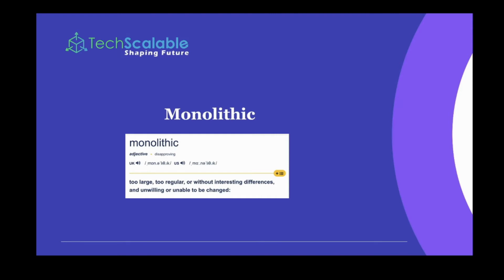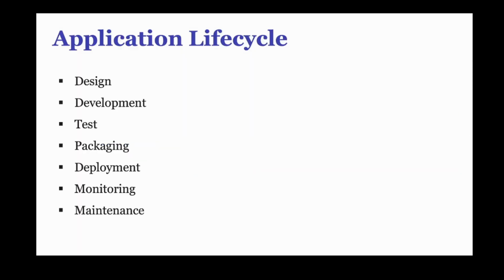If we think of our application life cycle, we run through different phases, starting from the design and development. Then once the application is developed, we move on to the testing phase. Once we have tested it well, we package the application. Once the package is ready, we deploy the package to our servers.